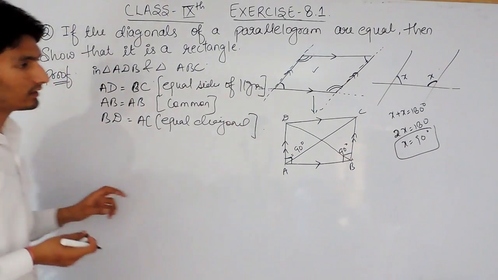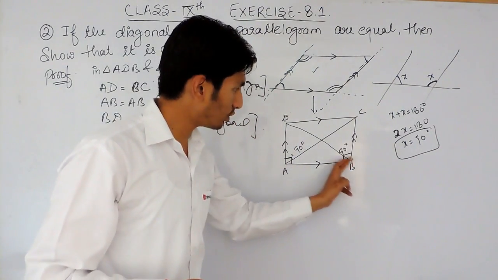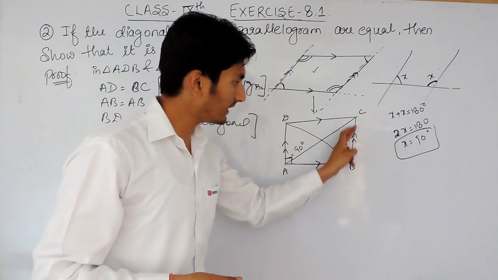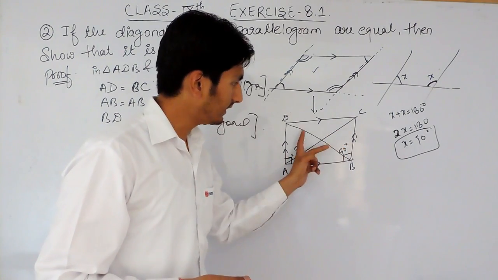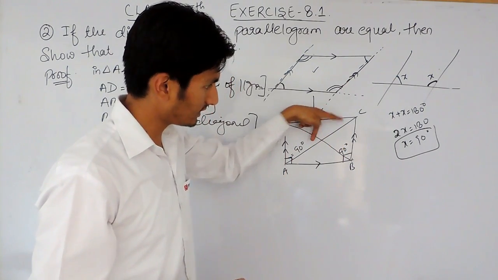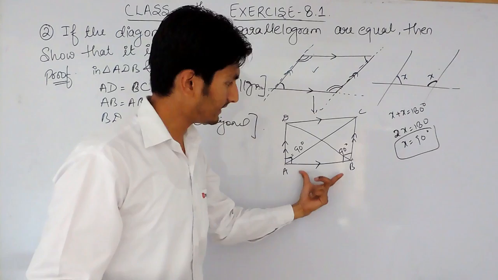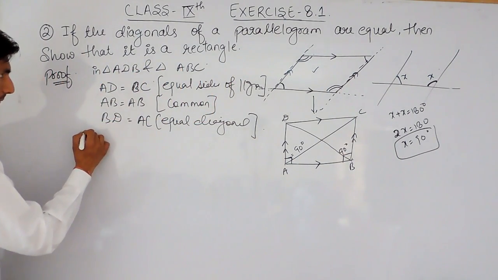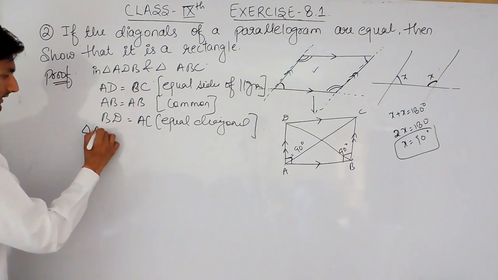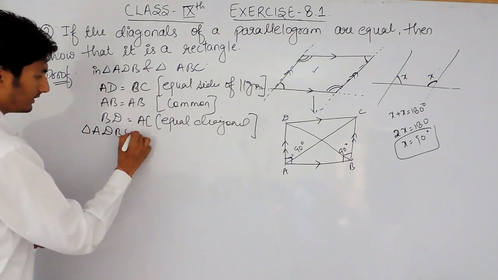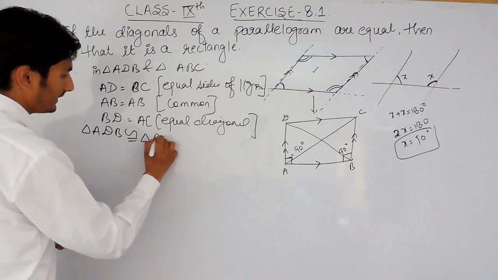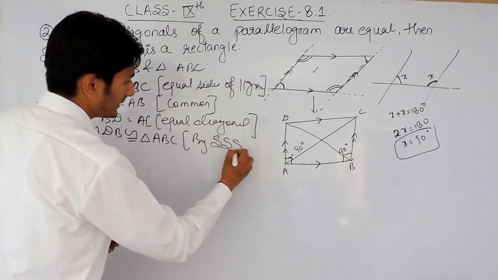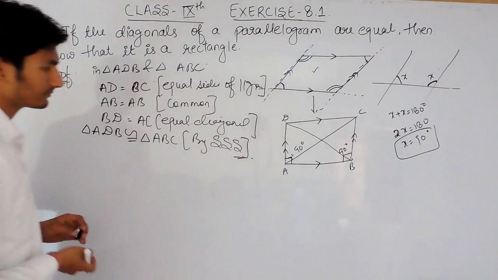So we have proved that all three sides of this triangle are equal to the corresponding sides of this triangle. This diagonal is equal to this, and this is common for both. So by the SSS property, we can confirm that triangle ADB is congruent to triangle ABC by the side property of congruency.